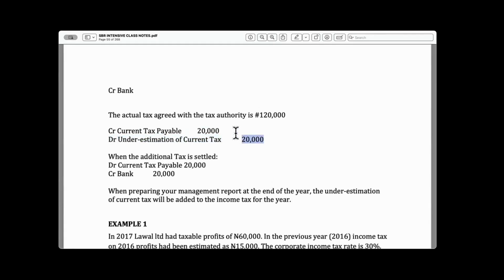It's showing in your trial balance like that. Which goes to show that ordinarily, you would not find current tax in the trial balance. And if you find a current tax in the trial balance, you will know that it relates to underestimation or overestimation of tax. In this case, if it's on the debit, it's an underestimation of tax.